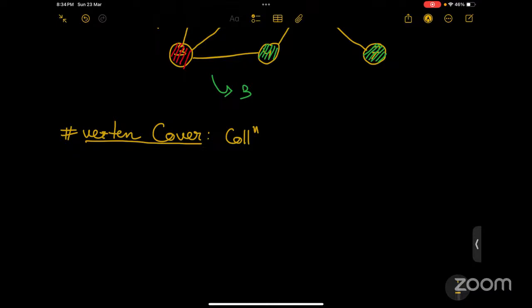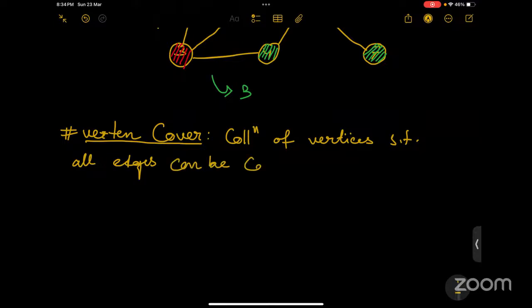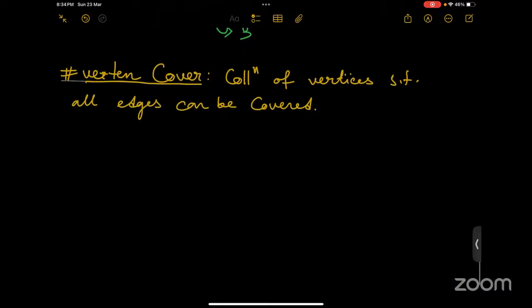Okay. Sure. So the definition of this is basically a collection of vertices such that all the edges can be covered. So we have the trivial vertex cover. What should be the trivial vertex cover? The whole vertex set, right?